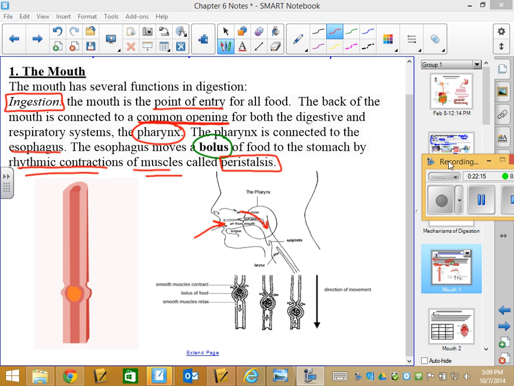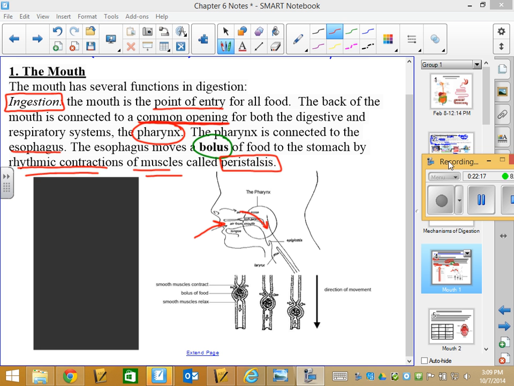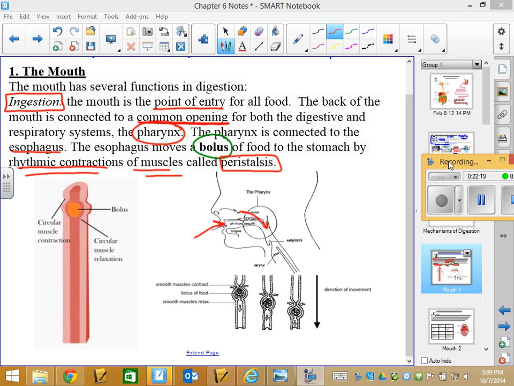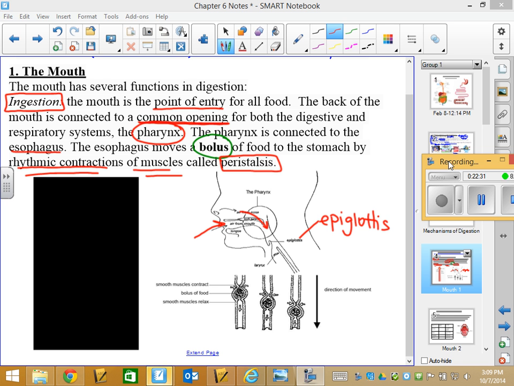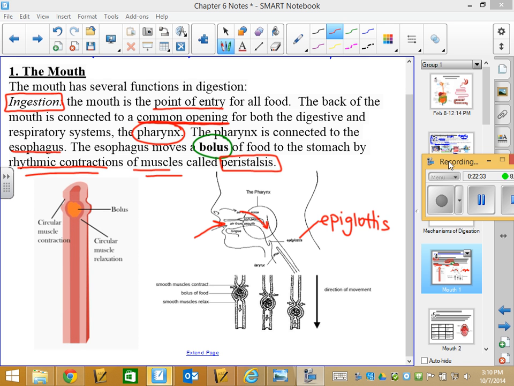And we'll talk about those a little bit more when we do your respiratory system. But just so you know, you have a piece called the epiglottis. The epiglottis is just like a little flap of tissue that covers up the opening to your trachea, which is the tube that goes between your mouth and your lungs.